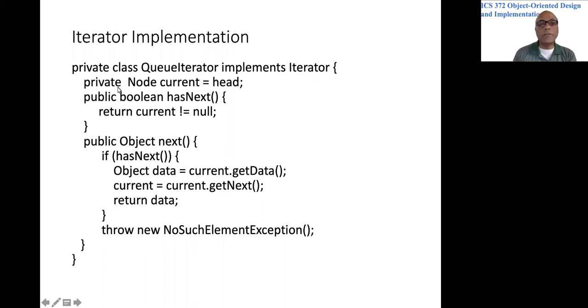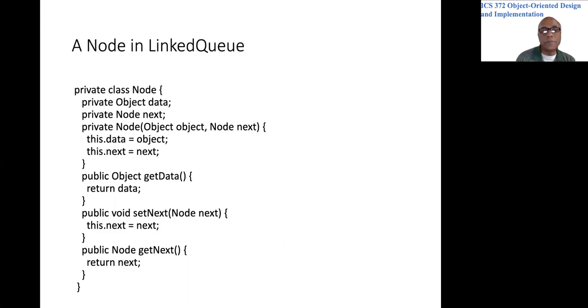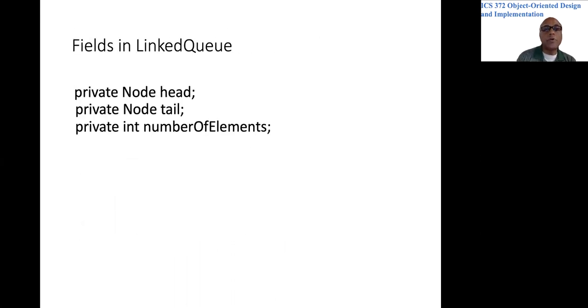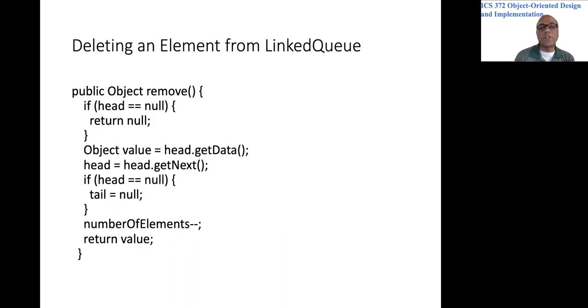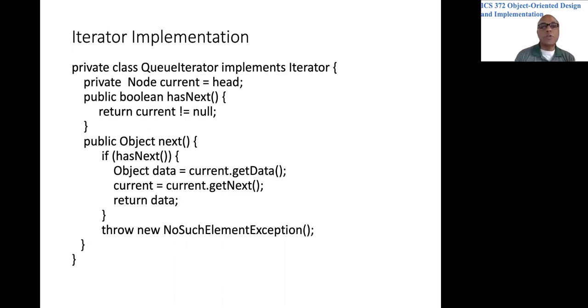What am I doing? The field head in LinkedQueue is storing the reference to the first element. So when an object of type QueueIterator is created, current is pointed to the first element of the queue.